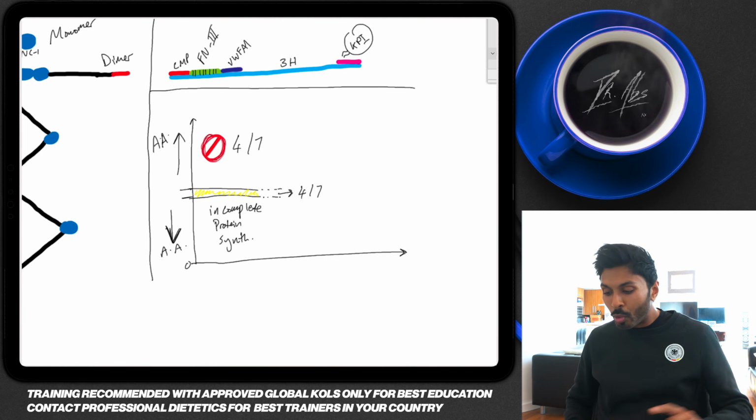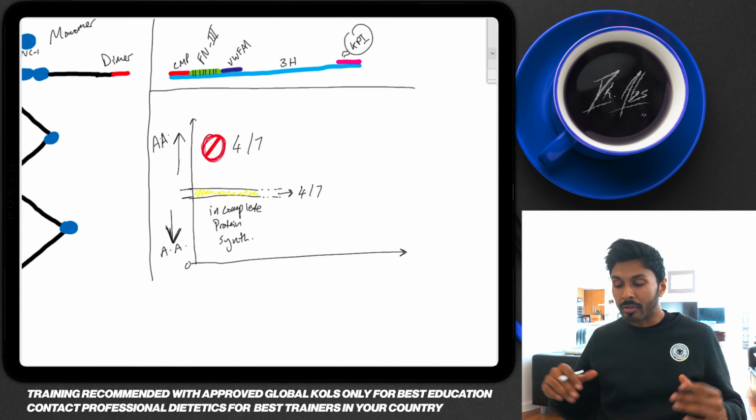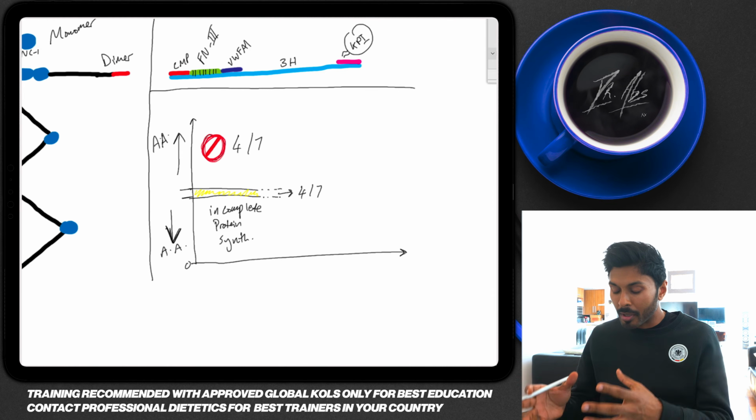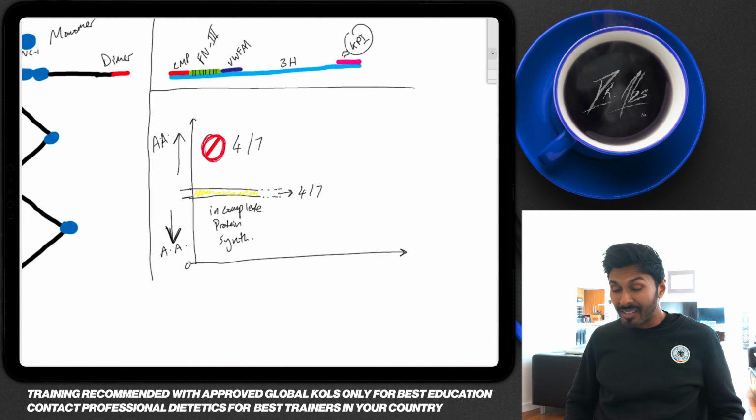So how do you get into that golden window? That is something which people all around the world have been trying to crack for a very long time. Professional Dietetics, the company behind Sunekos in Italy, they've been at it for probably around 30 years, and they have cracked it.